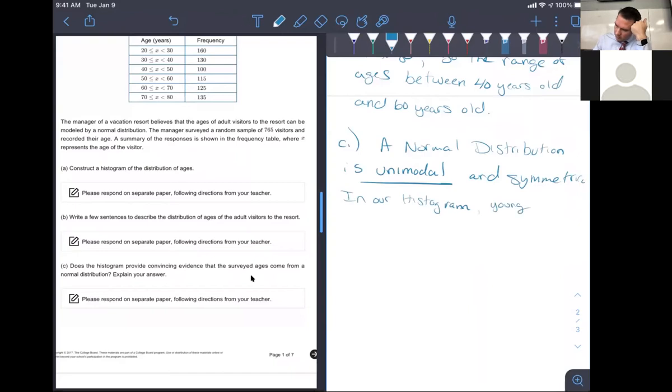So young vacationers, to add context, 20 to 30, and older vacationers, 70 to 80, are more frequent.